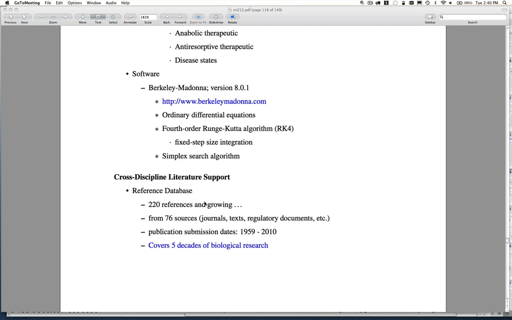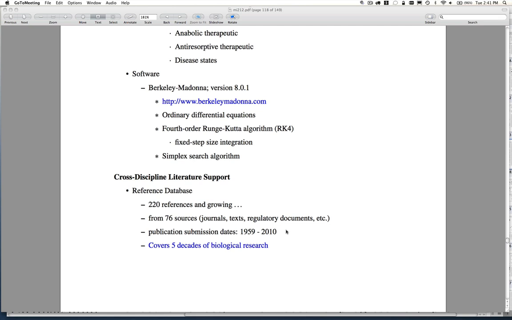Interestingly, a lot of the physiologic work actually came from, much like the publication by Guyton in 1969 and 72, a lot of the data and the model parameters for things like how calcium and calcitriol, et cetera, affect the parathyroid gland came from physiologic research that was done in the 1960s and 1970s.